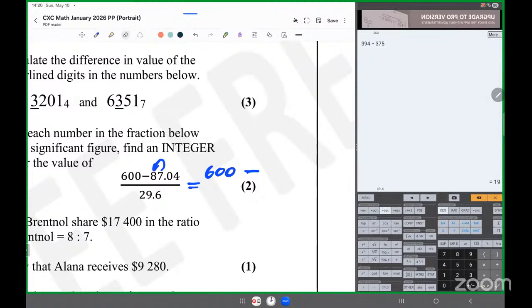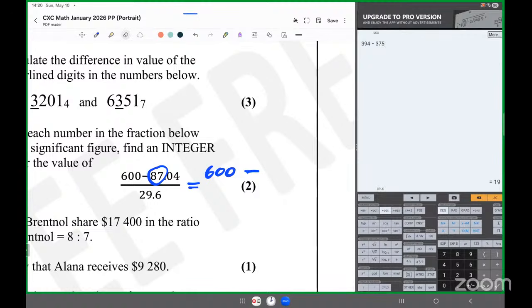This number is in the tens because it's an 80-something number, so it can become a 90-something number. 87 can't become 9. There's no way 87 can be estimated to 9. It can be estimated to 90. So it has to make sense as well.